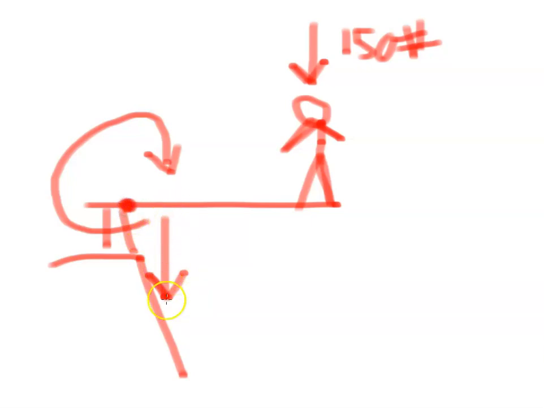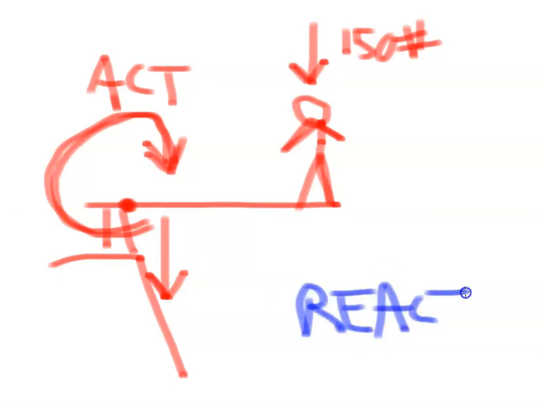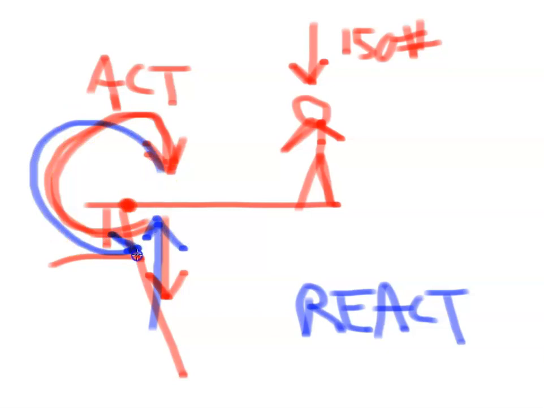The board is going down, and the board is wanting to spin. So those are the actions. I call them the actions. That's what wants to occur. And when we talk about free body diagrams, we are going to draw in the reaction, and that is the pushing back up, and the counter moment, we might call it, is the opposite.